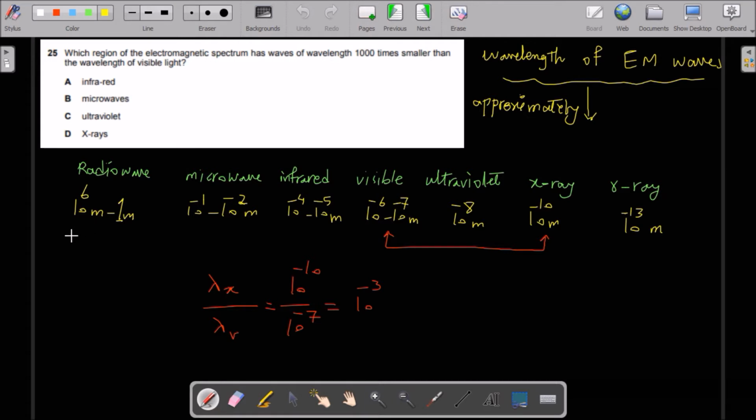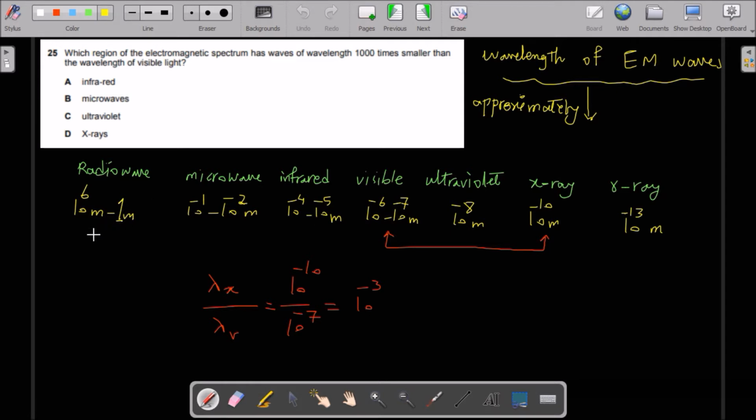Question 25. Which region of the electromagnetic spectrum has waves of wavelength 1000 times smaller than the wavelength of visible light? So this is the electromagnetic spectrum. Start from radio wave, then microwave, infrared, visible, ultraviolet, X-ray, and gamma ray.